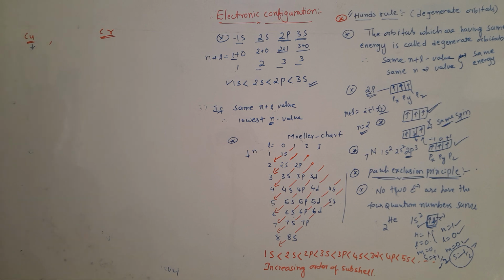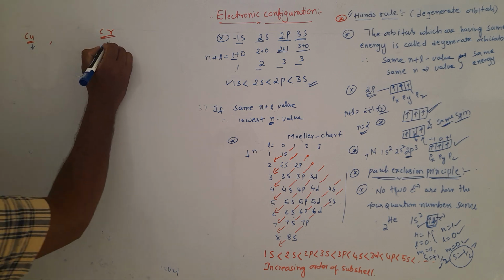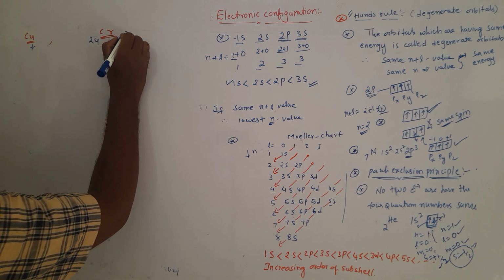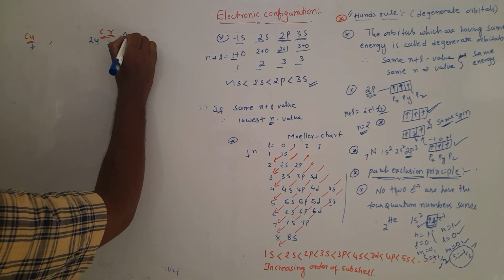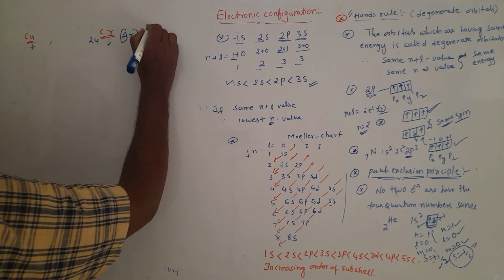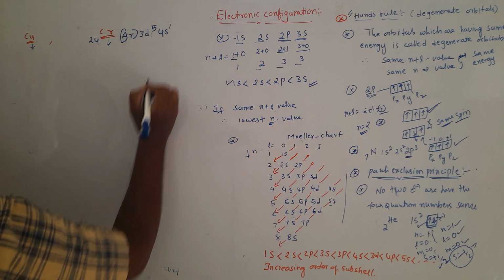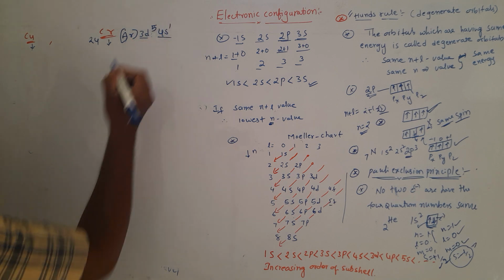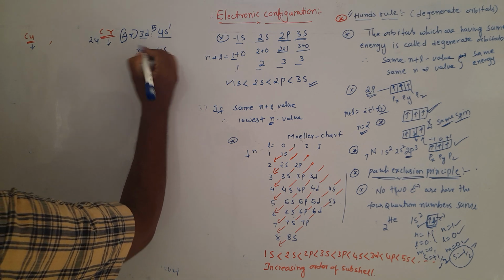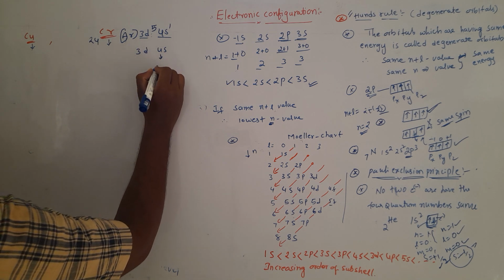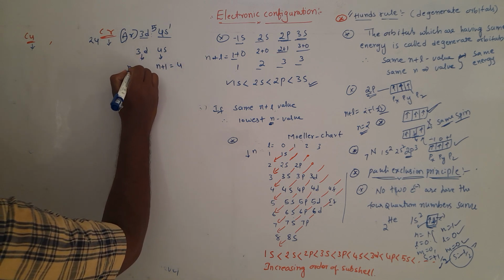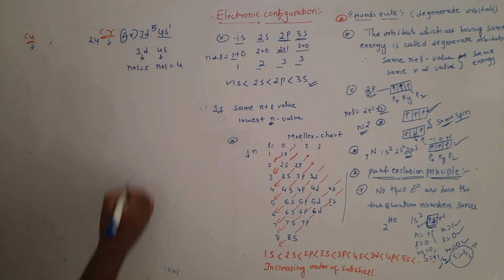So when you follow all the rules, chromium's atomic number is 24, and its electronic configuration is Ar 3d5 4s1. Here, between 3d and 4s, 4s is having n plus l value equal to 4, and 3d is having n plus l value equal to 5.